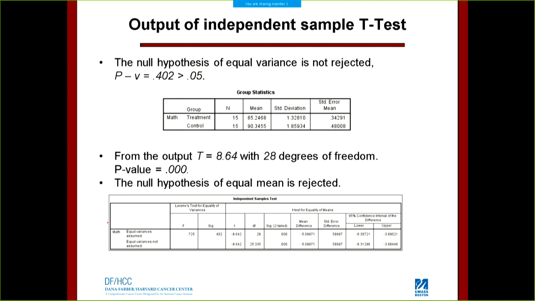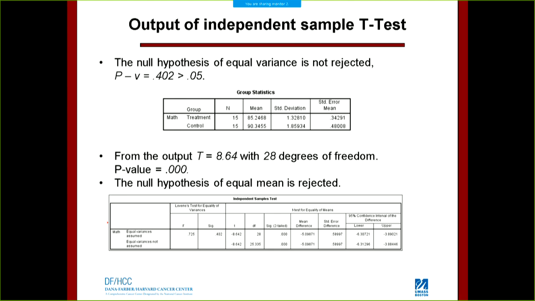So we use the Levene test to test the equality of the variance. For this example, since this p-value is greater than 5%, the null hypothesis of equal variance is not rejected. So in that case, we can use the first t-test, which is equal variance assumed.